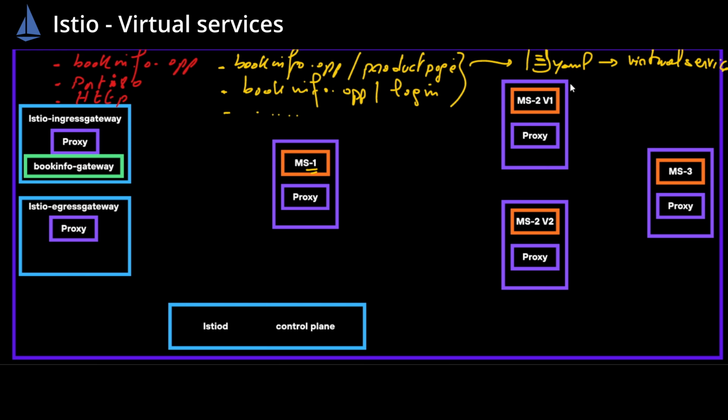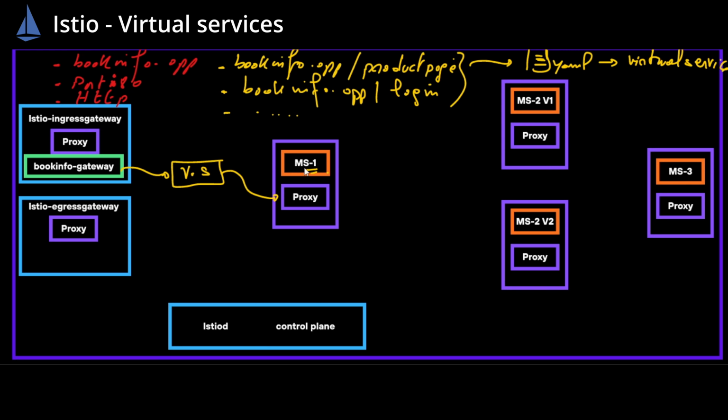So it will follow the routing rules specified in the YAML file. After applying this YAML file, we will have a virtual service, and it will route the traffic coming through the bookinfo gateway to microservice one following those routing rules.